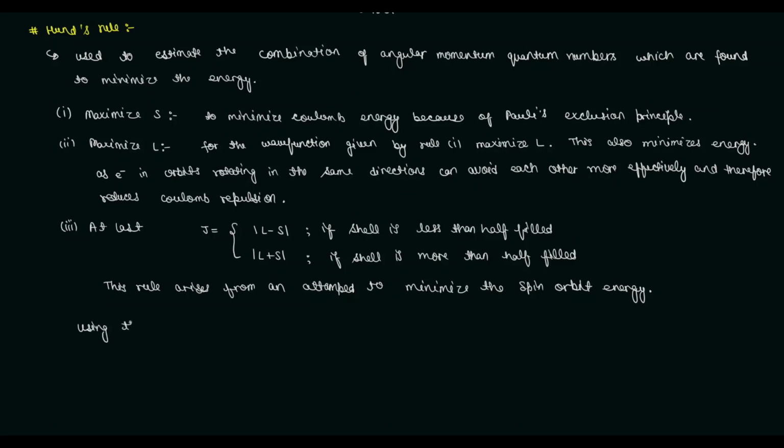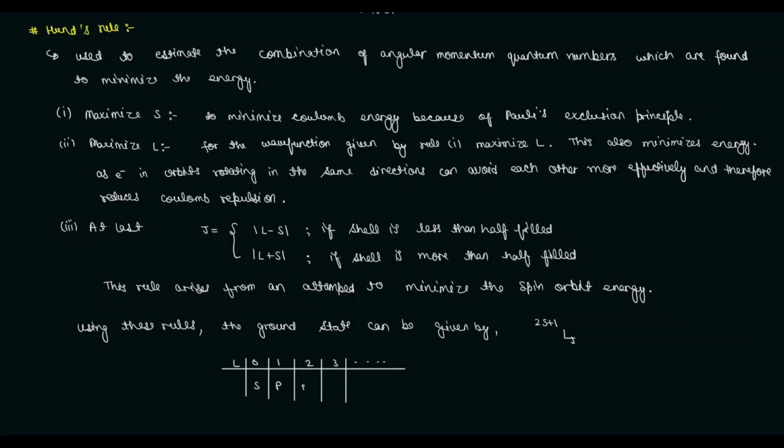Using these rules, the ground state can be given by 2S+1 L of J. Here L is written not as a number but using a letter according to this sequence, and 2S+1 is the spin multiplicity.